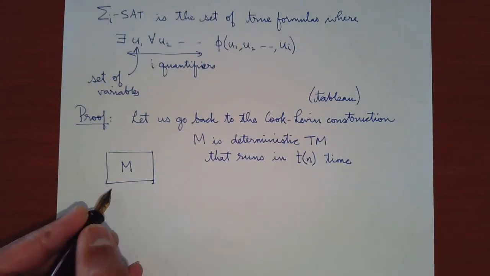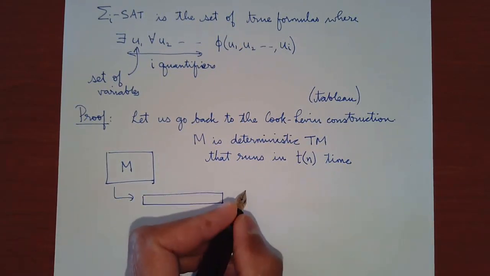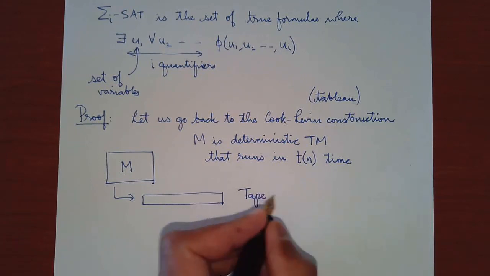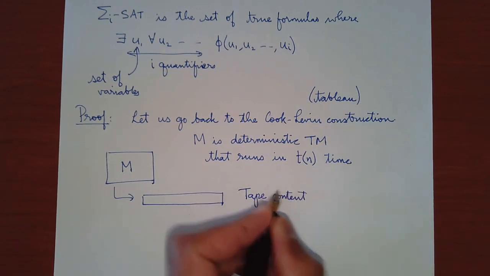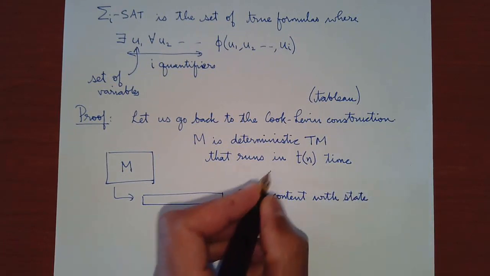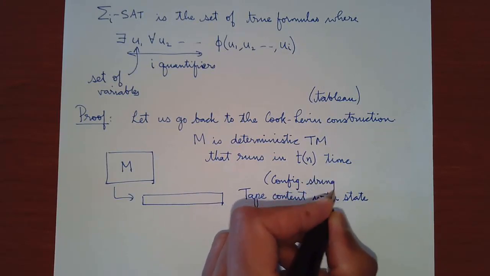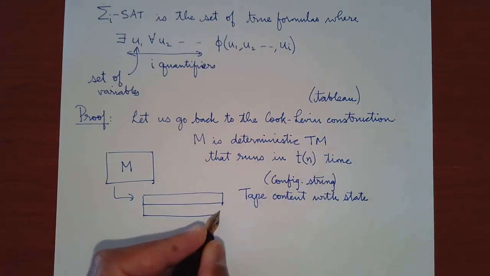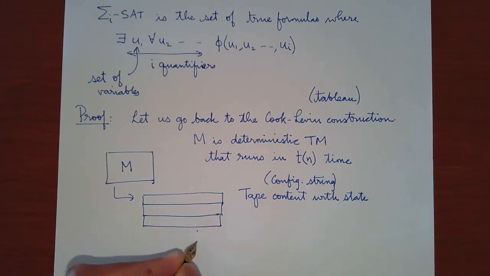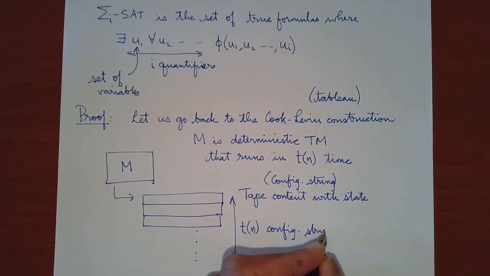So the idea was you look at the tape content with the state, which we call the configuration string, and you simply say that there are T(n) configuration strings.